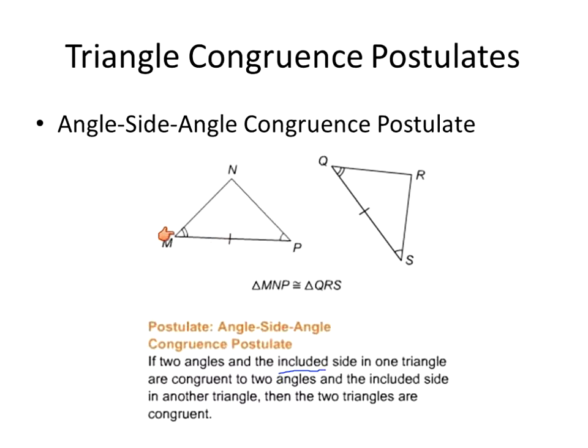That means that the side has to be between the two angles that correspond to the other two angles. So this angle, then the side right there, and then the angle that follows it. Angle, side, angle. So it's included between the two angles. That's really important. The side can't be over here with an angle over there, because that is not an included side. It has to be included between those two angles.